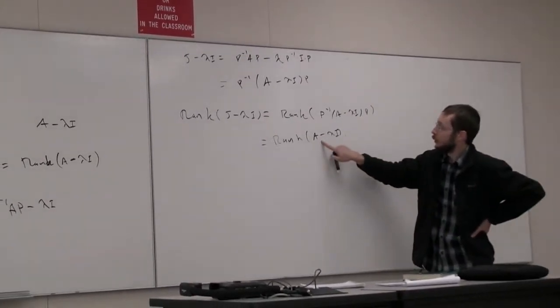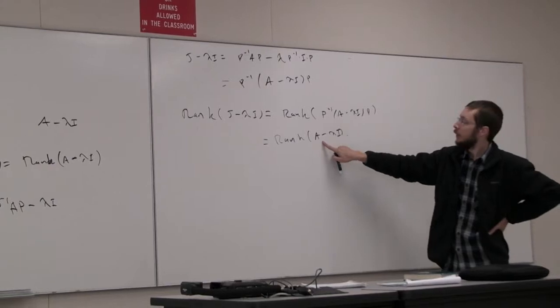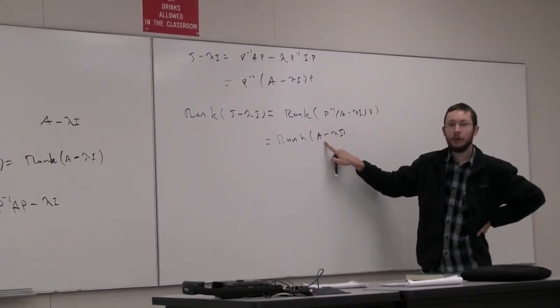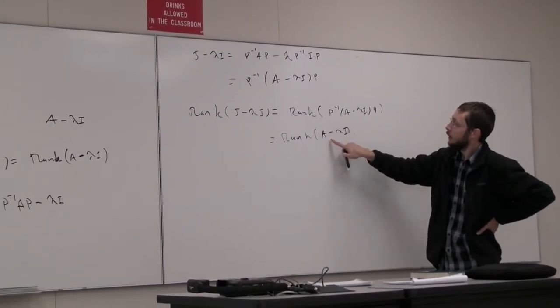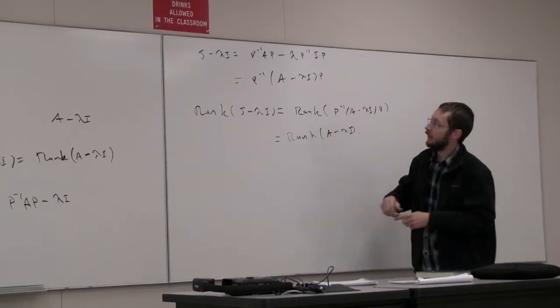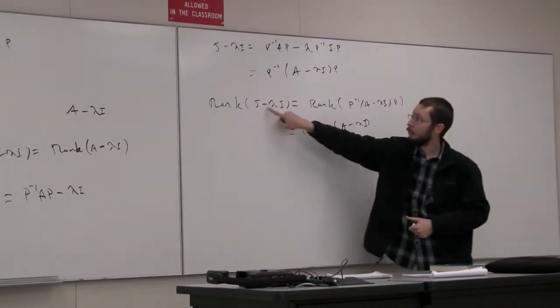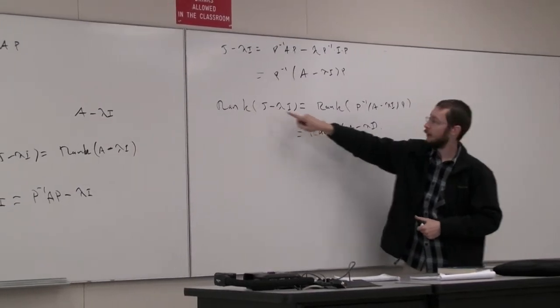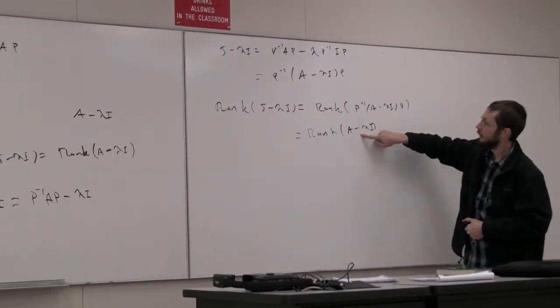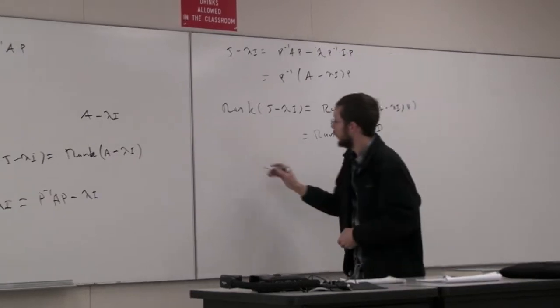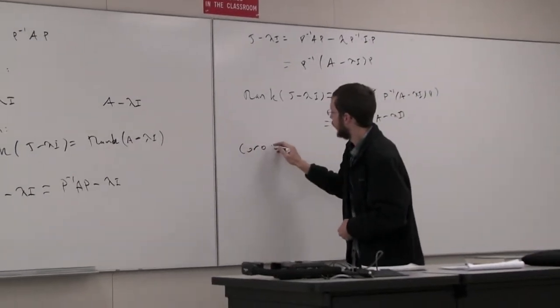So that's an extremely important fact that we're going to use repeatedly. But we actually need a slightly stronger form of this. We not only need to verify that this matrix has the same rank as this matrix, but in fact all powers of this have the same rank as all powers of this. And so we'll introduce this little corollary here.